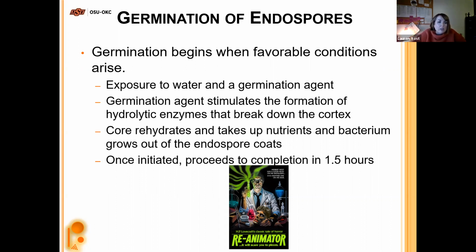Germination starts with hydrolytic enzymes breaking down the cortex, that outer coating, rehydrating the core, taking up nutrients, and bacteria growing out of the coat. It takes usually only about 1.5 hours to go from endospore into a vegetative cell again. Like reanimation.